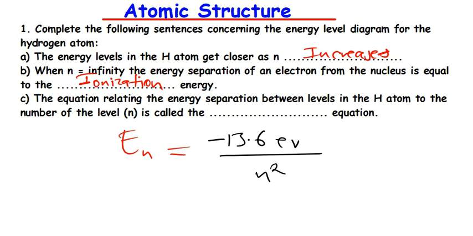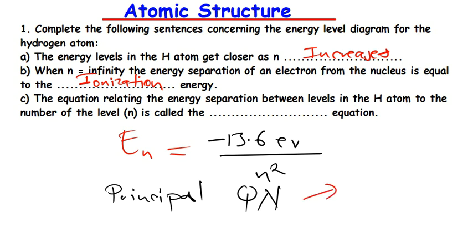The n on the bottom represents the principal quantum number. As you go over other questions, you will understand what the principal quantum number is. It represents the size and the energy of the energy level. If it's on the first energy level, n is equal to 1. So this formula gives you how much energy an electron possesses at the level at which it is.